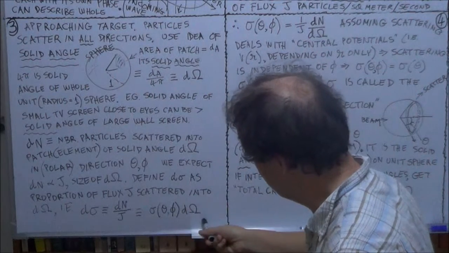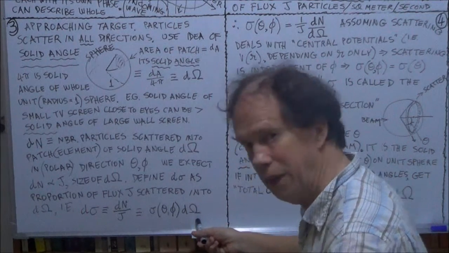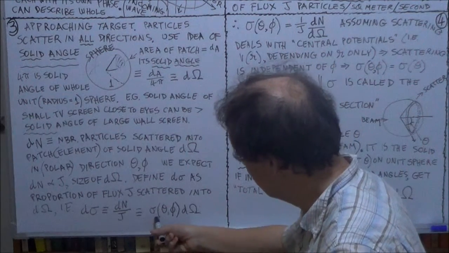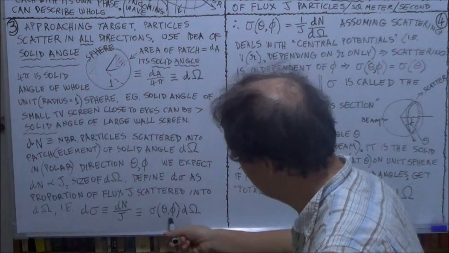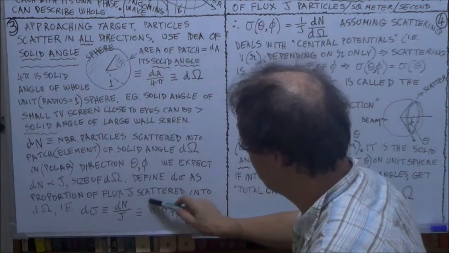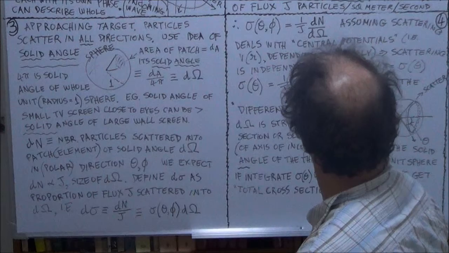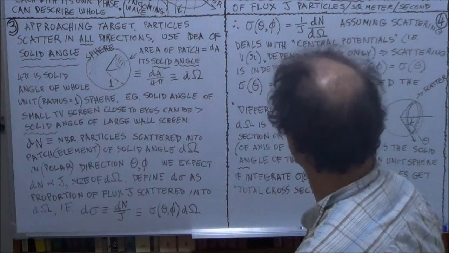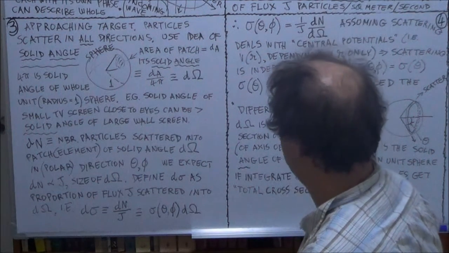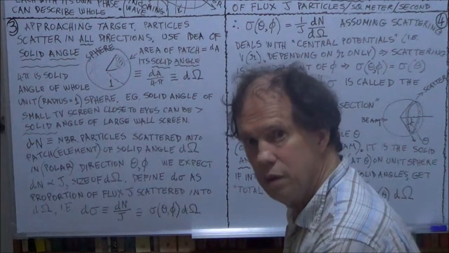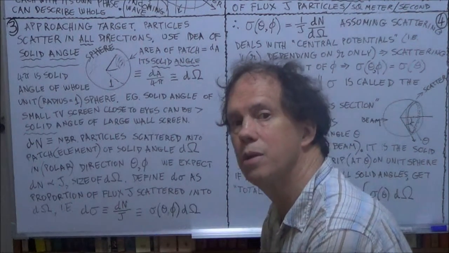This is proportional to the surface area of the patch; that constant will depend on the angles. So this term here is called the differential cross section. So we're getting there, right?